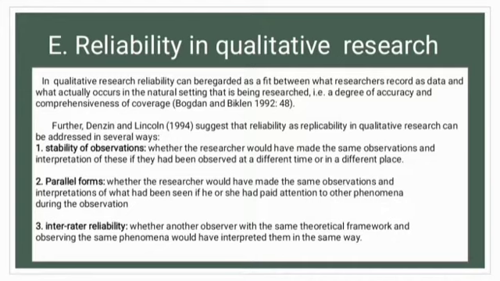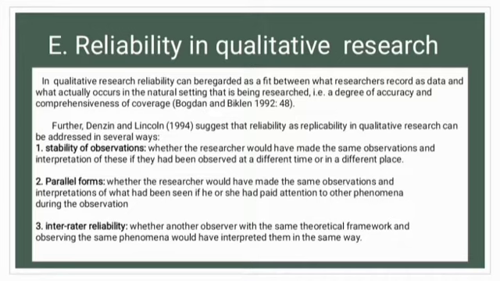First, stability of observation. Whether the researcher would have made the same observation and interpretation if they had been observed at a different time or in a different place. Second, parallel forms.